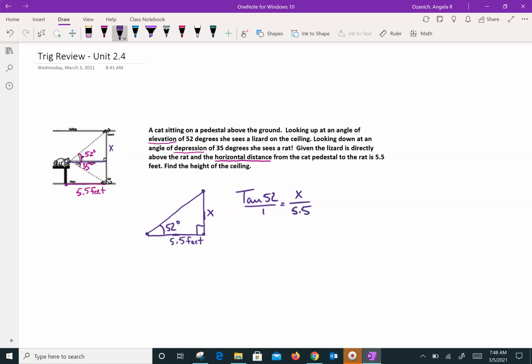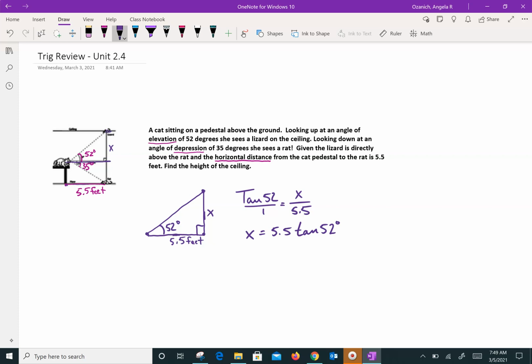Okay. So we know we're going to cross multiply, so we actually get x times 1 is equal to 5.5 times the tangent of 52 degrees, and that will help us to find that first little piece of information that I need from top to bottom.